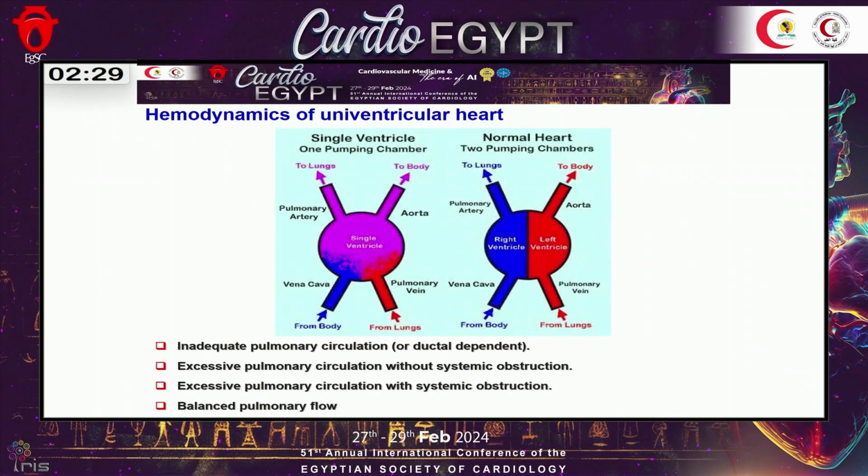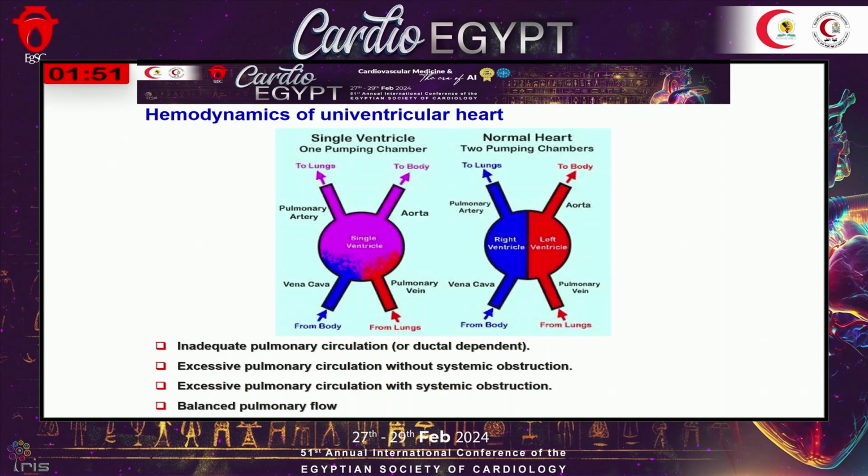As regards the hemodynamics of the univentricular heart, we all know that normally there are two chambers supplying the systemic circulation and the pulmonary circulation in series. But here there is a single chamber supplying the systemic and the pulmonary circulation in parallel. The systemic oxygen saturation depends on the pulmonary blood flow and the size of the bulboventricular foramen.